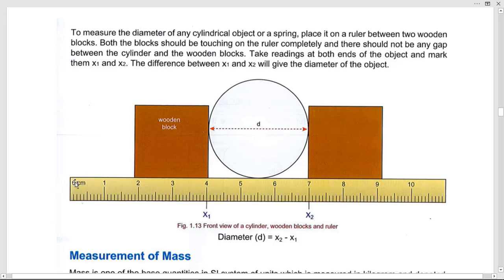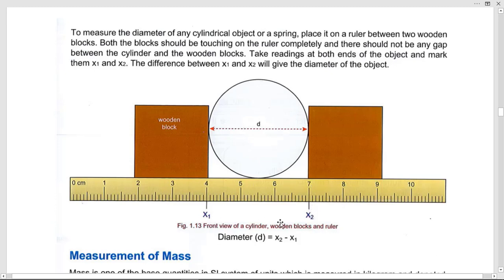So whatever the scale given, you have to follow that one. Now here the starting point, they mark it x1, and the ending point, that is x2. Whenever you have any type of question in which the reading is not starting from 0, like here the reading is starting from 4 and ending at a different number, please keep in your mind, you just have to take the initial point and the final point.